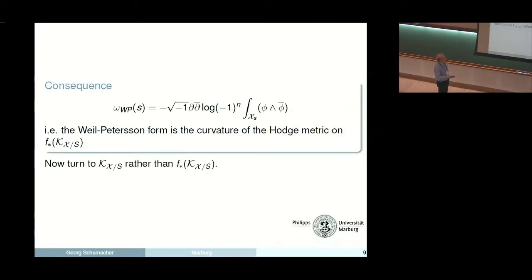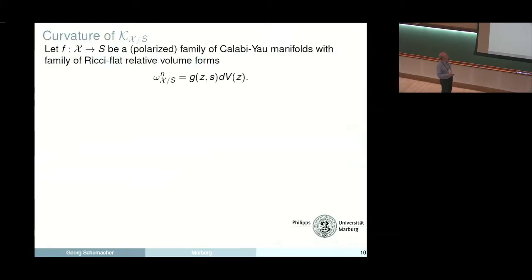then we can see that this is just the curvature form of the Hodge metric on F lower star of K x over S. Now we turn to the relative canonical bundle itself rather than its direct image, and we assume this very general definition of Calabi-Yau manifolds.